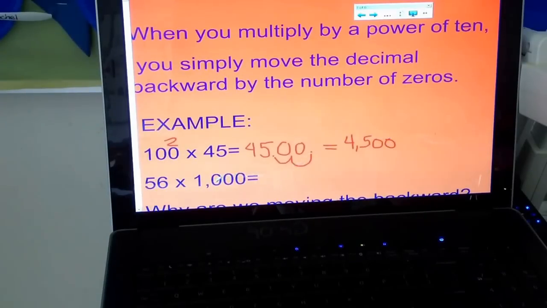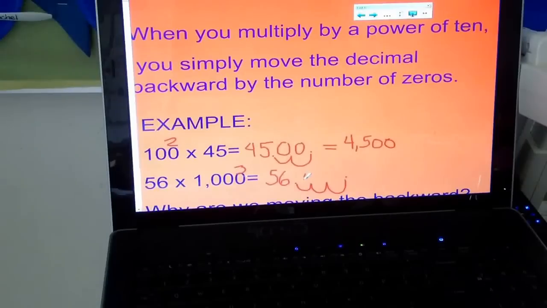For the next one, again, I'm going to count up the number of zeros so I know how many places to move the decimal. There are 1, 2, 3 zeros. So I know I want to move the decimal 3 places. I'm going to transfer my number, which is 56, and again write down where the invisible decimal point is. Because I want to move it backwards 3 spaces, I'm going to draw 3 jumps. 1, 2, 3, my new decimal belongs right there.